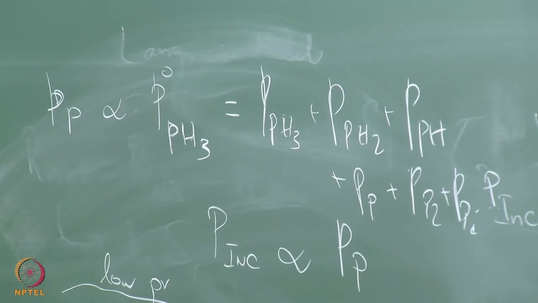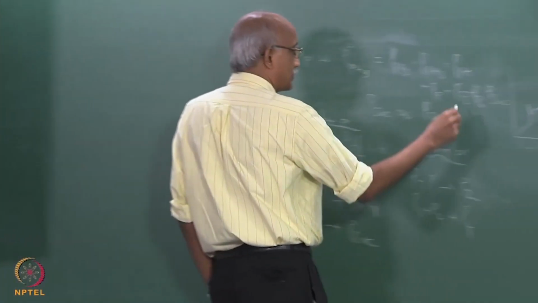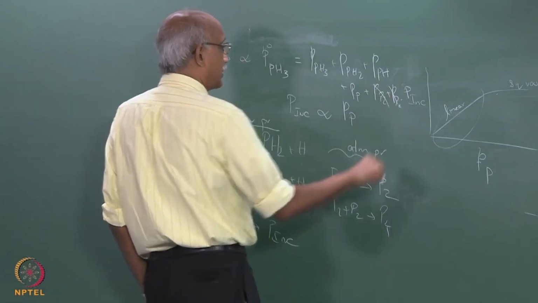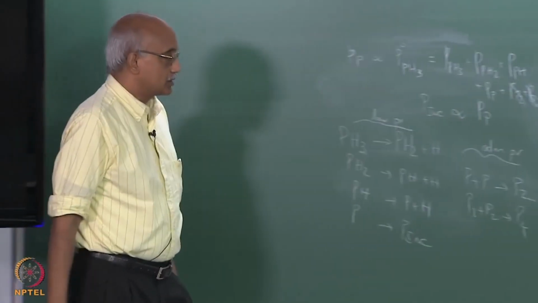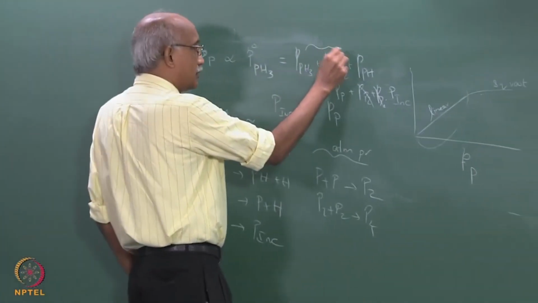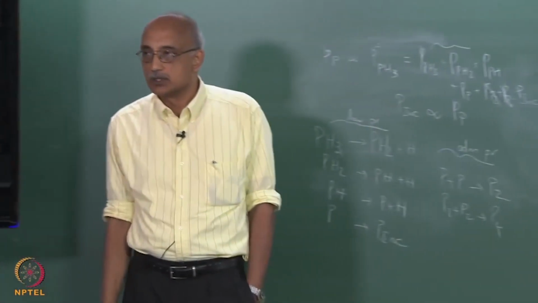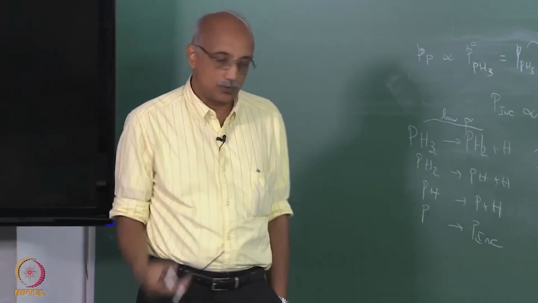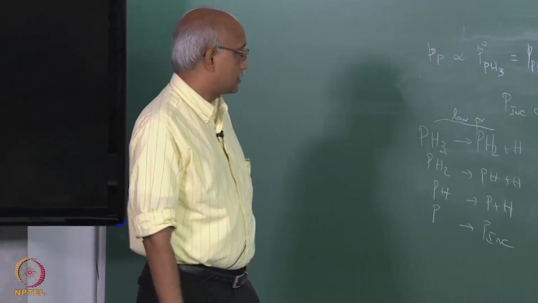Now, in the low pressure case, P2, P4 etc. can be neglected, and actually it turns out that the dominant species are really PH3 and PH2 in terms of the actual vapor pressures that are present in the system.